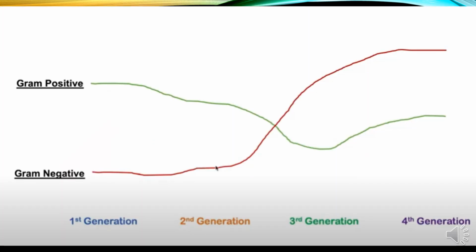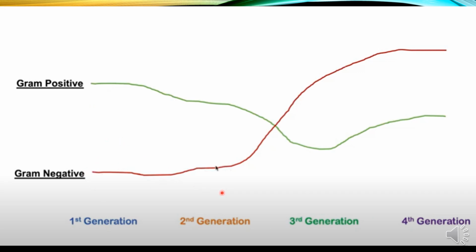And this was the graph I discussed with you in the previous lecture. So let's have a quick recap. As we move on from the first generation towards the higher generations, the spectrum of coverage against gram-positive organisms decreases, whereas the spectrum of coverage against gram-negative organisms increases. Hence, in short, first generation covers the maximum number of gram-positive organisms and the minimum number of gram-negative.